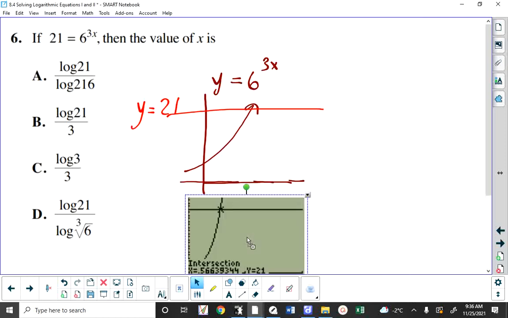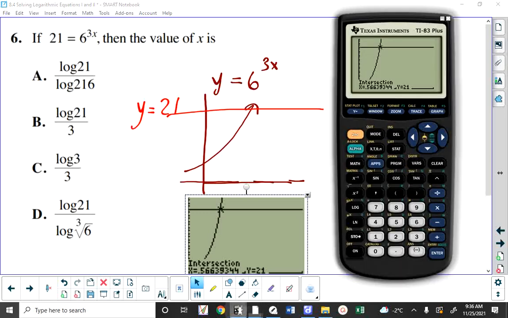Well, you can calculate all of these. And in fact, the fact that these were all base 10 logarithms in the answer tells you that it'd be pretty easy to double check these. So is log of 21 over log of 216 that number? Yes. A is the answer.